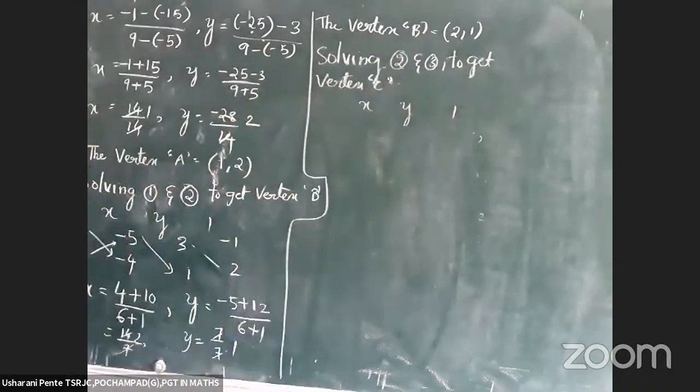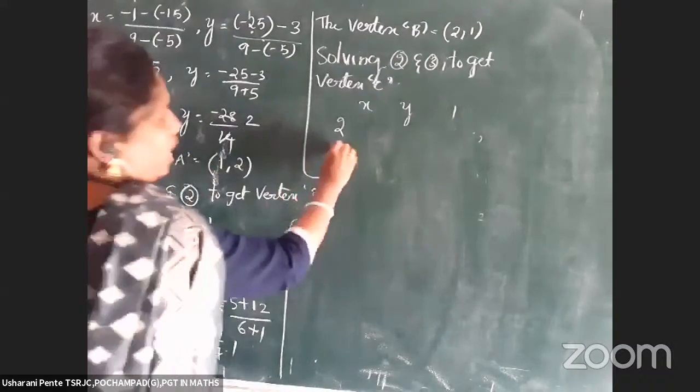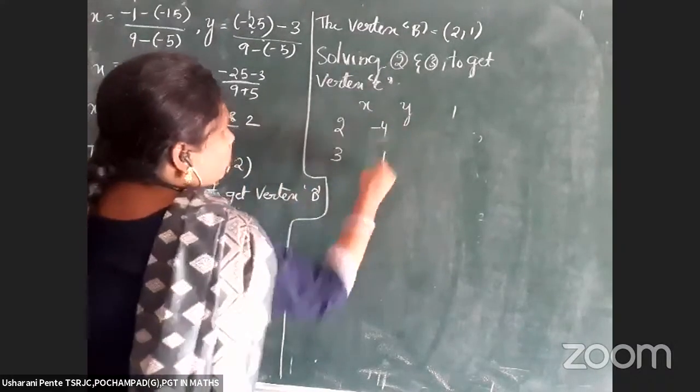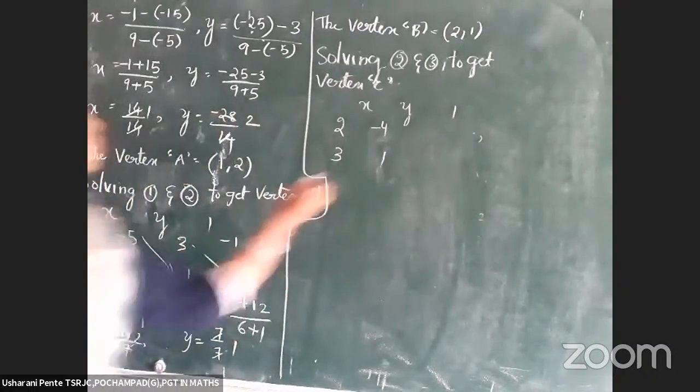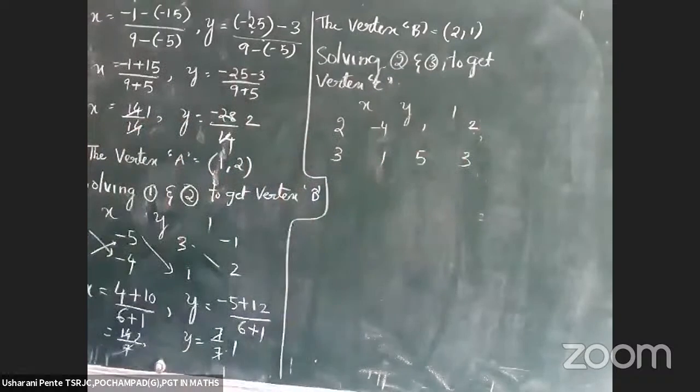We are solving 2 and 3. Therefore, 2 and here we have 3, minus 4, 1, 1, 5, 2, 3.